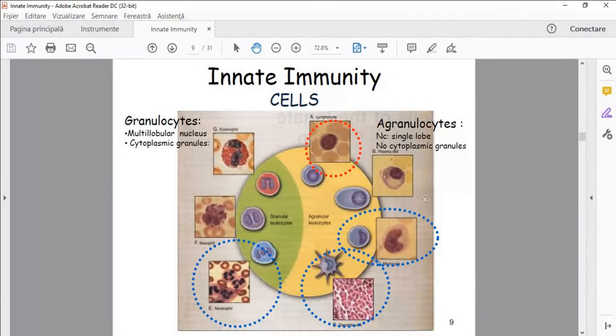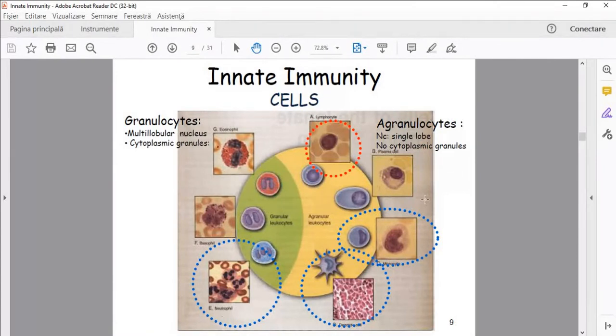In the humoral immune response, the effector cells are plasma cells, which derive from B lymphocytes, and these cells are able to synthesize and secrete antibodies. On the other hand, the effector cells of the cell-mediated immune response are cytotoxic T lymphocytes along with helper 1 cells.